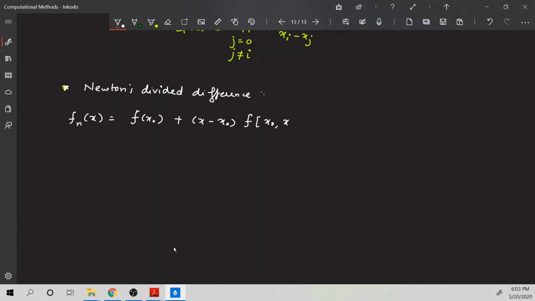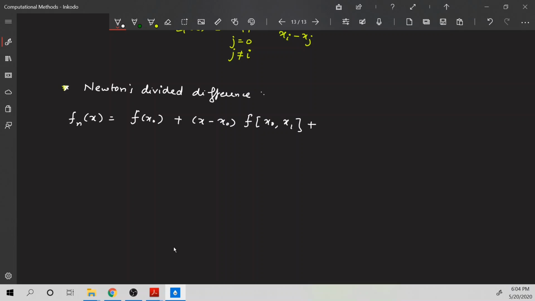Understand one thing: this is not a typo. When I'm drawing a rectangular bracket here, this is not something that I have done by mistake. I have done it purposely. This signifies that this is a divided difference. What is a divided difference? I'll show it to you later. But understand that there should be this rectangular bracket, and for the first one there is no rectangular bracket, just round brackets.